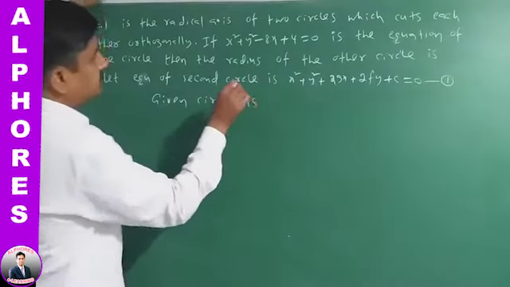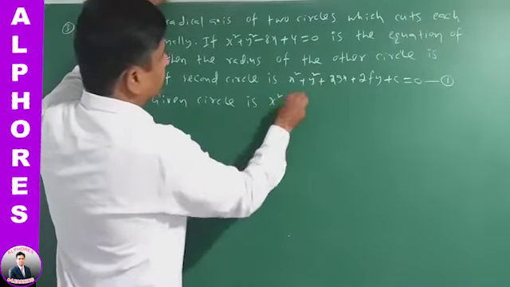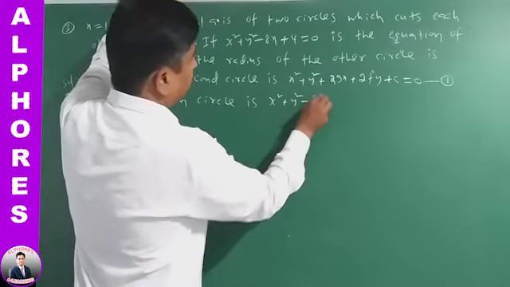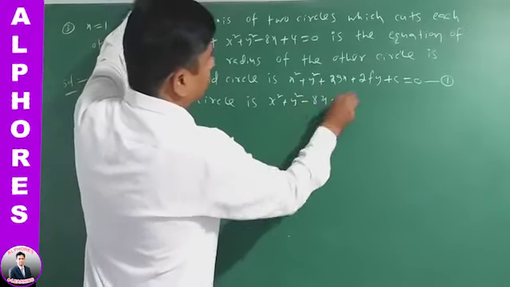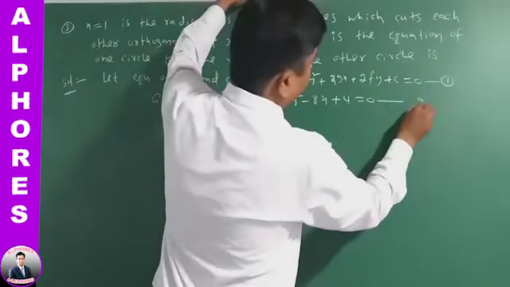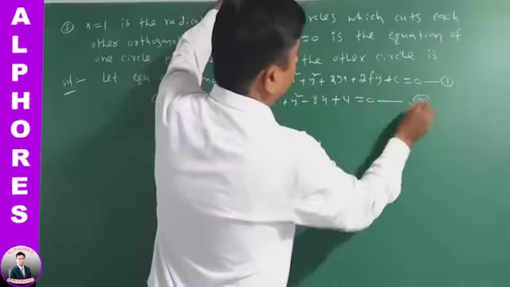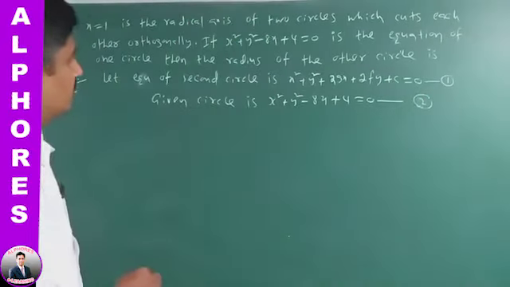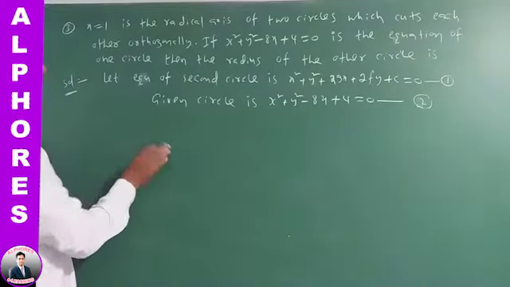Given circle is x square plus y square minus 8x plus 4 equal to 0. Let it be equation number 2. Now 1 and 2 intersect orthogonally.